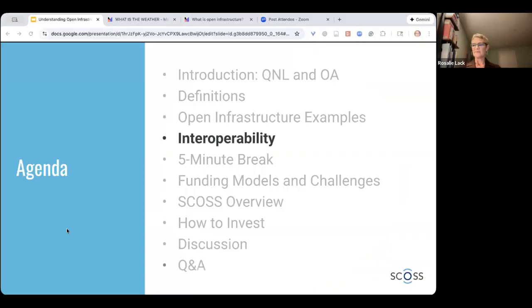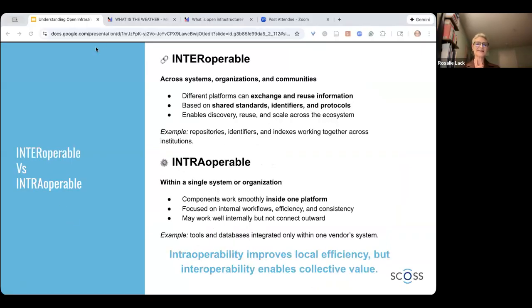So I'm going to turn now to a quality of infrastructures. It's very important, called interoperability, which I'm sure many folks know this term, but why I'm stuck on this is that one of the main benefits of open infrastructure is this ability to be interoperable with other systems.